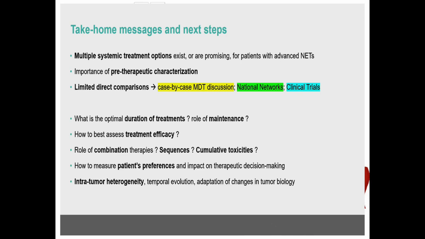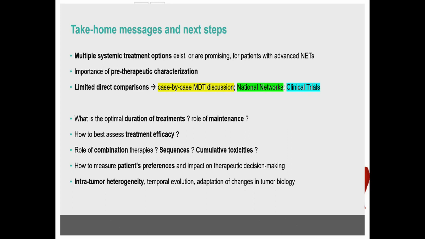We don't know exactly what the optimal duration of treatments is and if a maintenance treatment should be proposed. It's difficult to assess treatment efficacy because the classical RECIST criteria are probably not adapted to patients with neuroendocrine tumors.